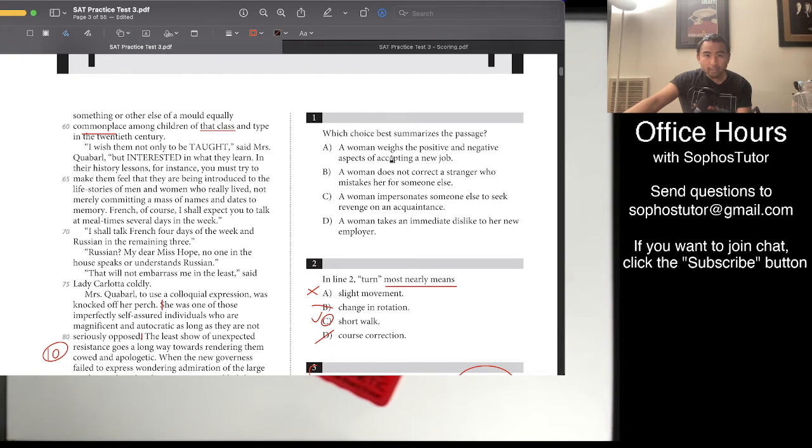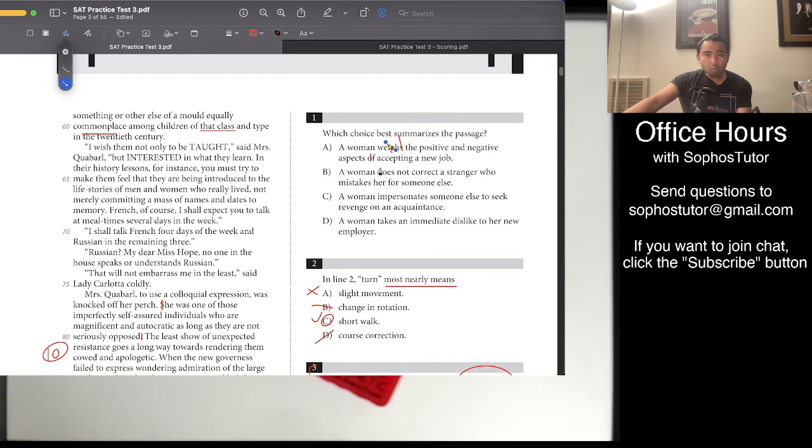A woman weighs, okay, a woman, I'm guessing we could say is Lady Carlota, the positive and negative aspects of accepting a new job. I wouldn't say that. I don't think there was any weighing here. She just seemed to go with the flow. So I don't think it's that.